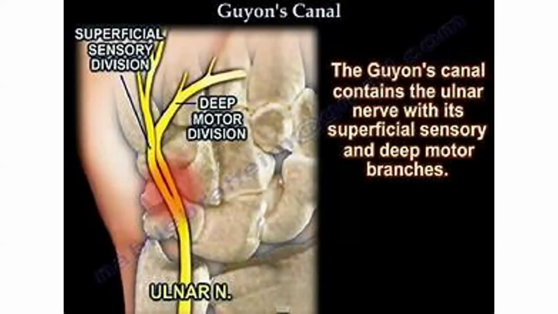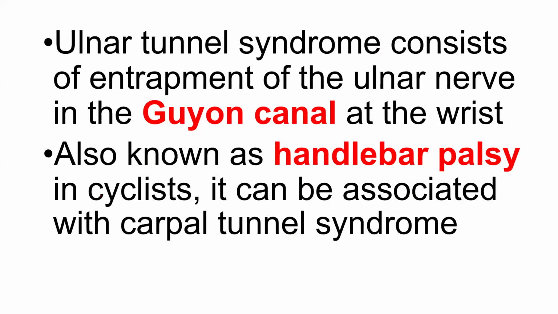It is bounded by the pisiform and the hamate and the pisohamate ligament from the front. It consists of a superficial sensory and deep motor branches. The ulnar tunnel syndrome consists of entrapment of the ulnar nerve in Guyon's Canal at the wrist.